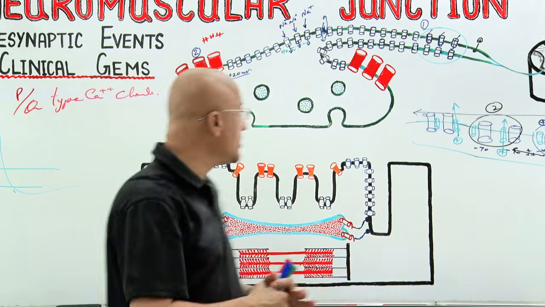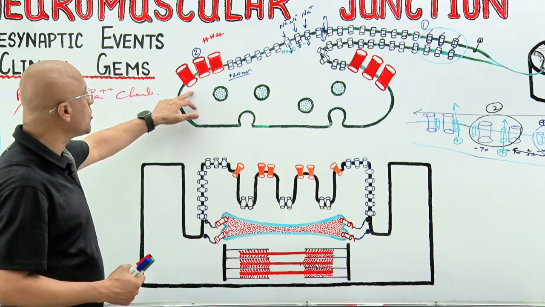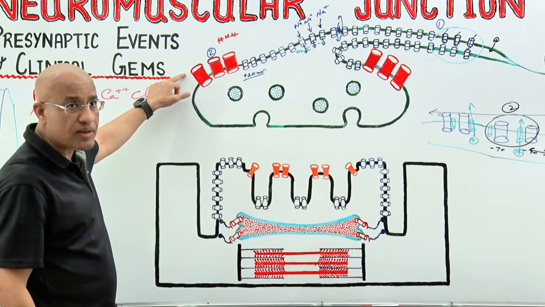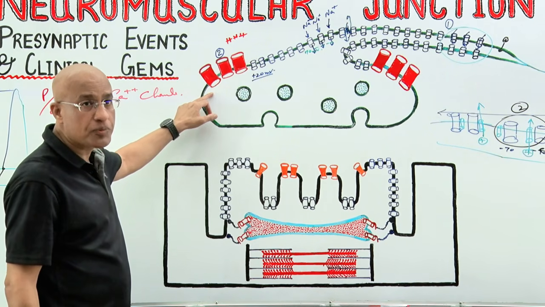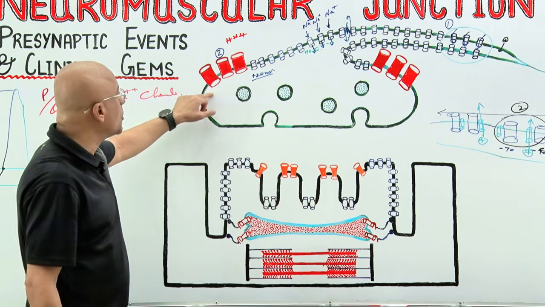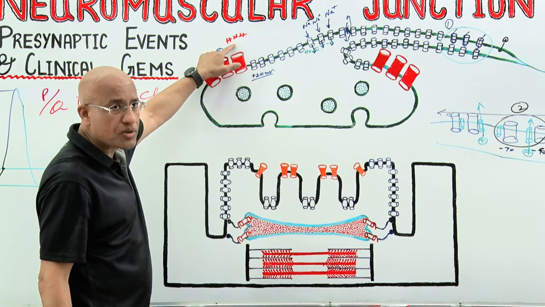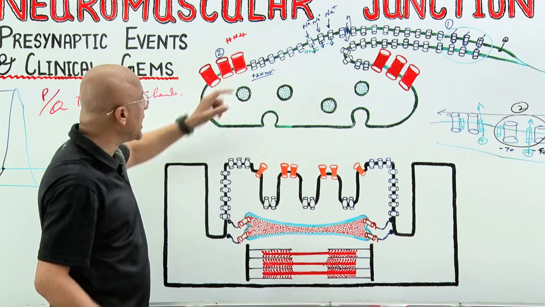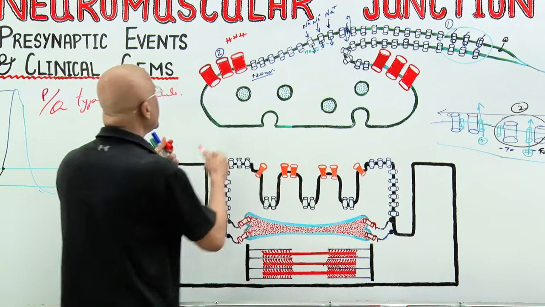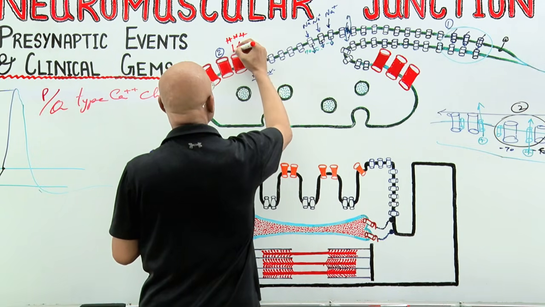So what happens, as soon as these channels open, outside into the extracellular fluid and inside into the cytosol, as calcium concentration outside is more and inside is less, calcium will very rapidly pass through.